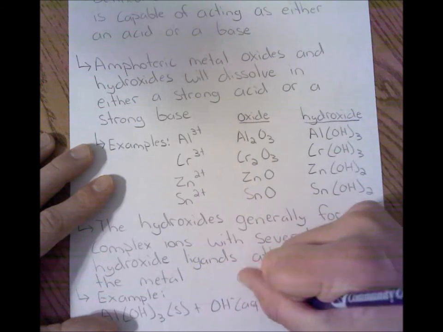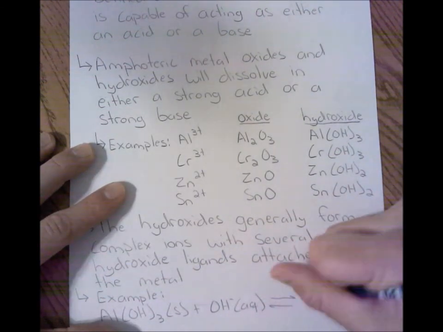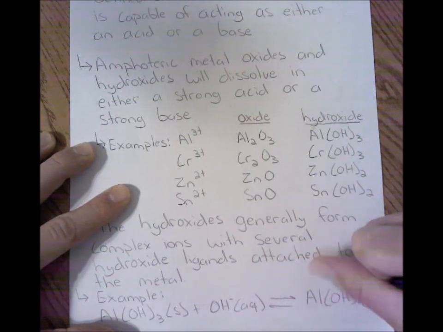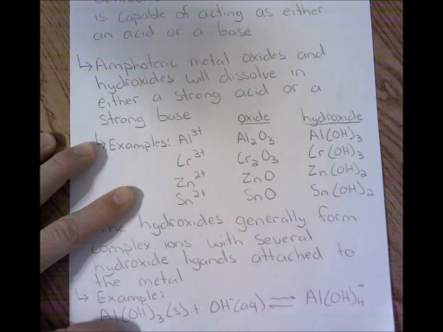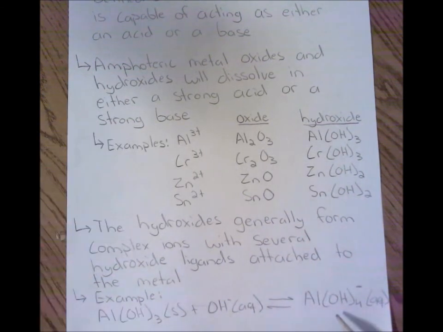And what we have formed here is that metal ion complex. So that previous page that we talked about, metal ion complexes, now applies to this scenario, all because aluminum hydroxide can be an amphoteric substance.